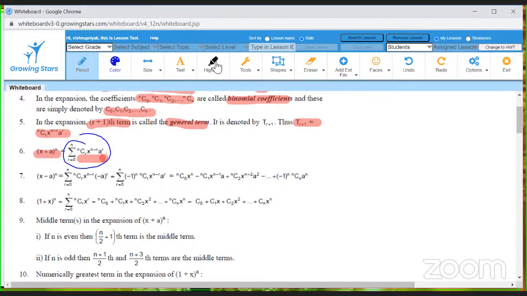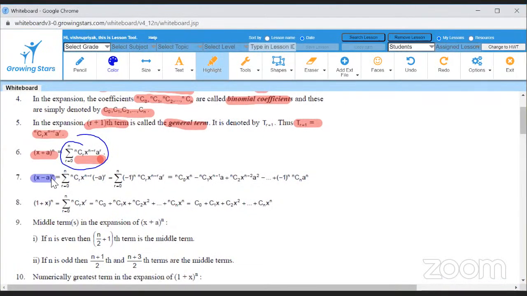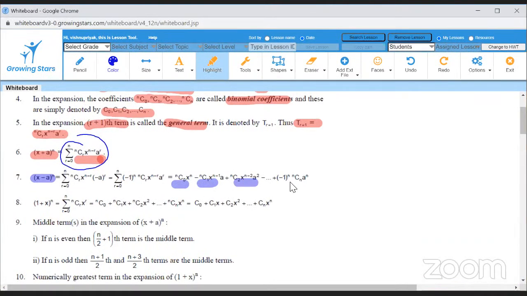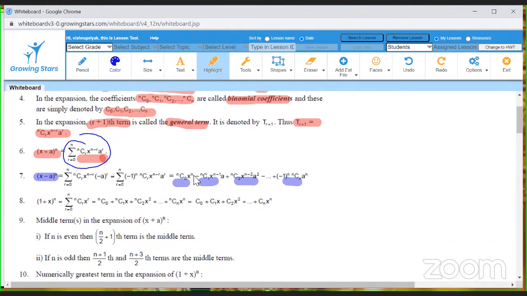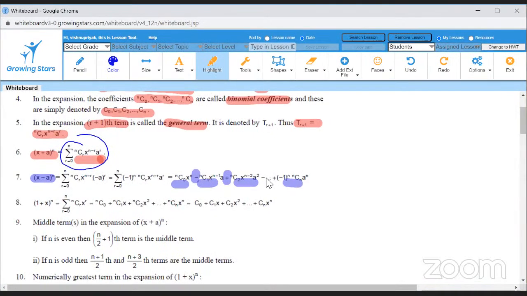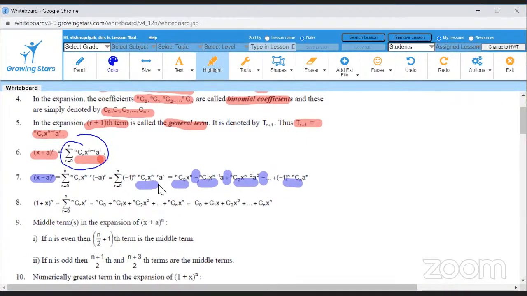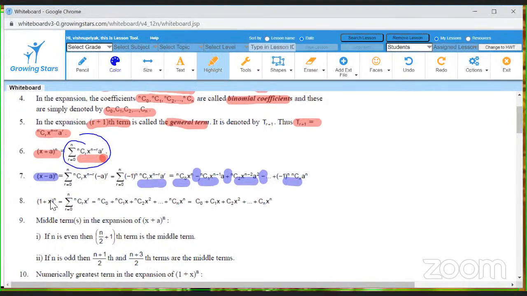Then (x minus a) whole power n. The terms will be the same, whatever you wrote in the first formula. But one will be minus, one will be plus. Minus, plus, like that. So that is why you will write the same NCr x power n minus r, a power r.